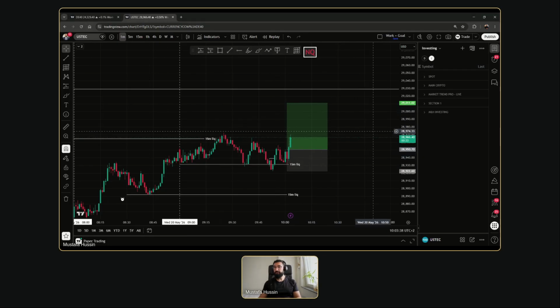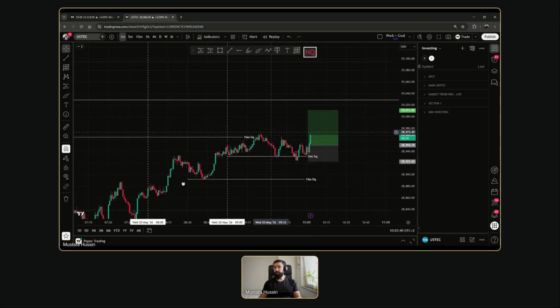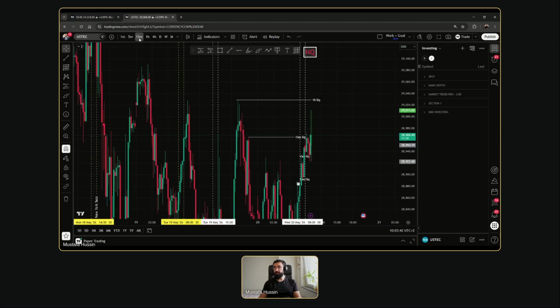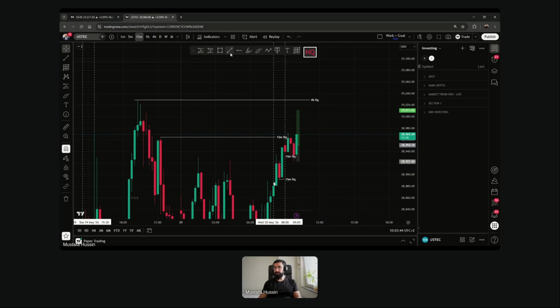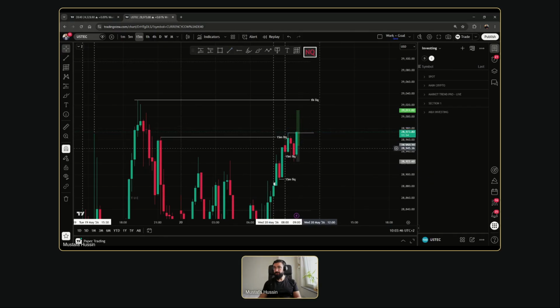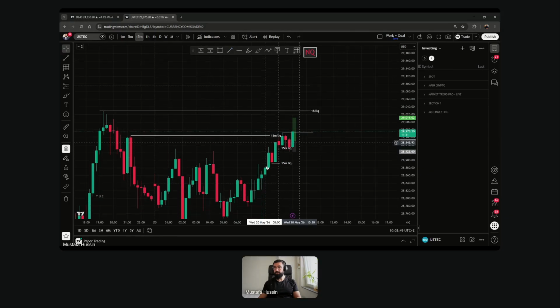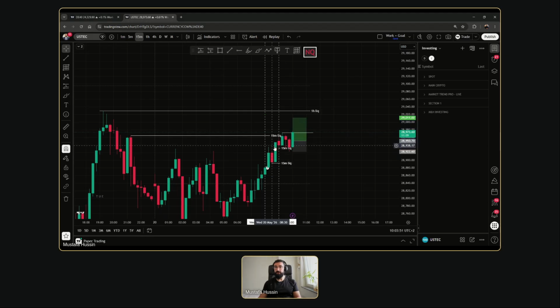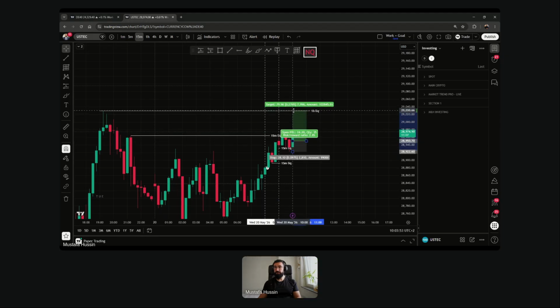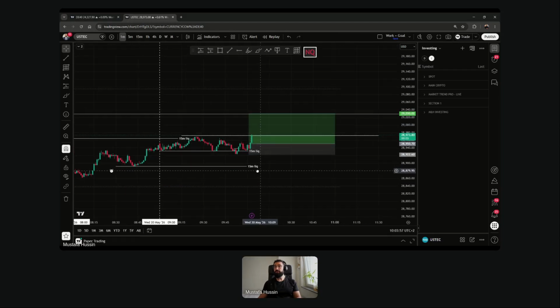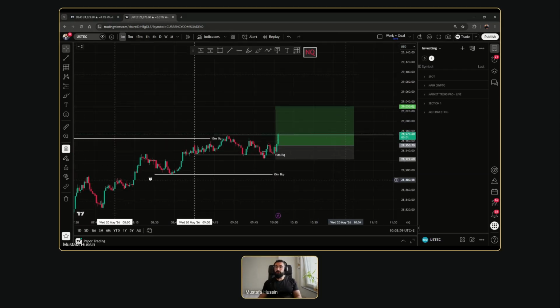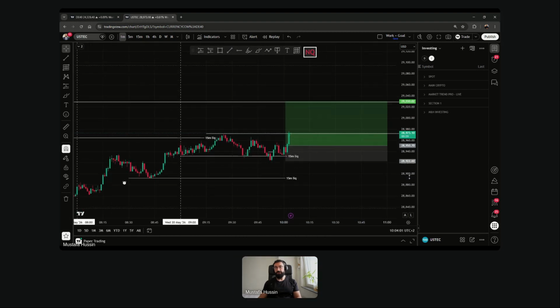I'm not really taking profit at the first liquidity area, unfortunately. I wish I am, but I'm being very meticulous with my stop loss to break even. So I don't want to. All right, good entry, kind of.